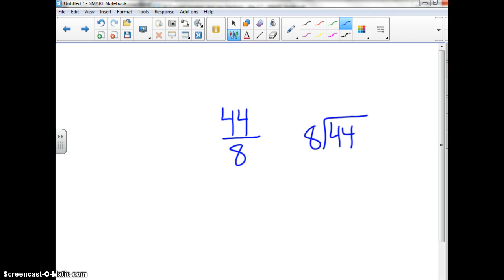Okay, which is what? 5. Good work. What is our remainder then? Good. Can you tell me what the mixed number is now that goes with this? 5 4/8. That's beautiful. Does anybody in this room know that 5 4/8 means something else? What does it mean, Sarah? A half. It does. 5 4/8 means 5 1/2.